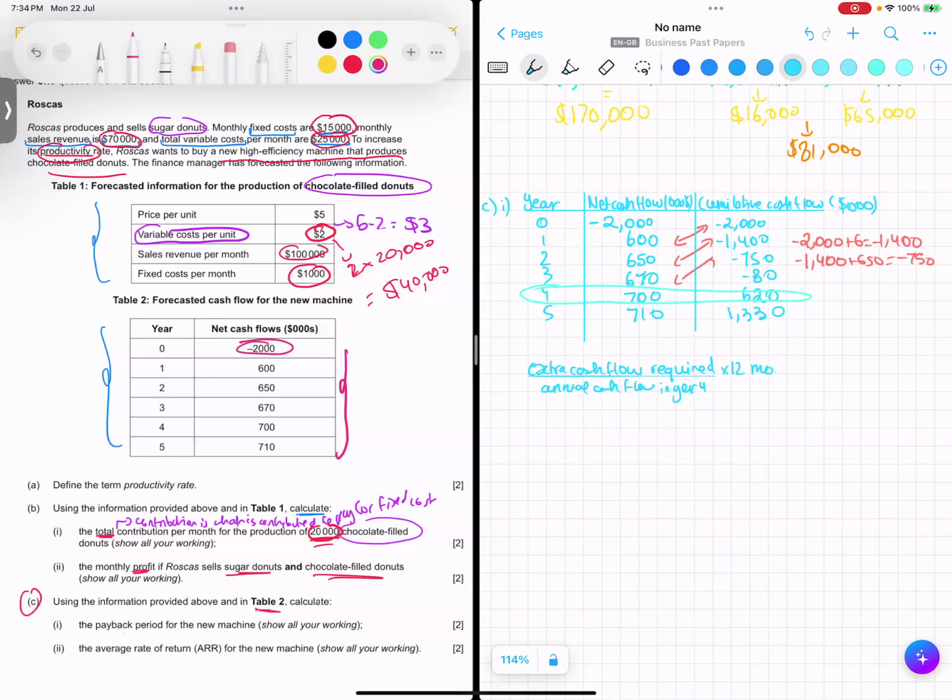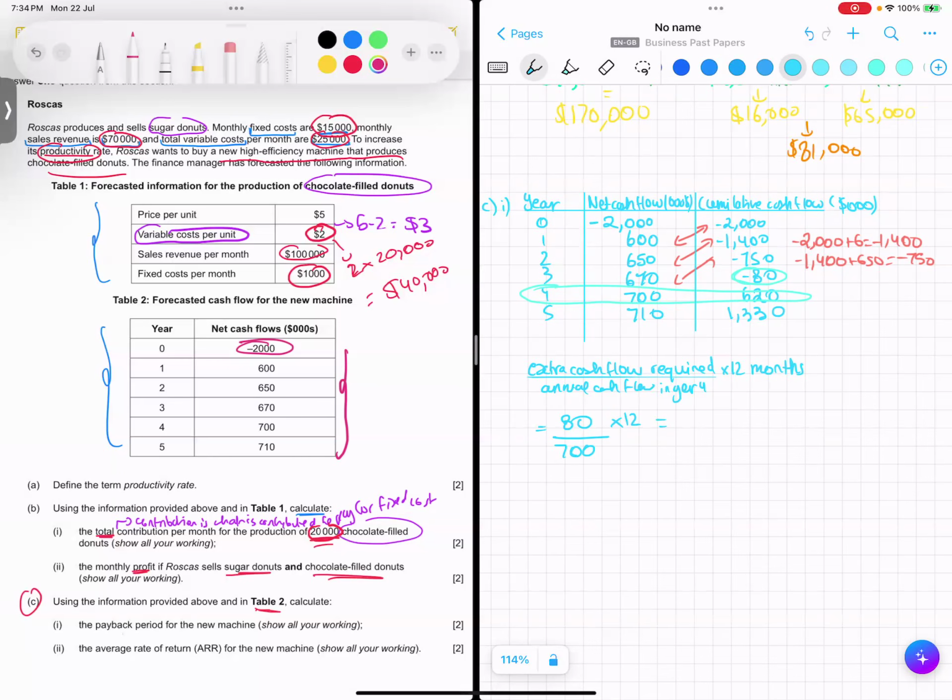And then here our answer will become 80, because 80 was required in the year before, right? So 80 divided by the cash flow in year 4, which is 700 times 12. So I'm just gonna make my calculations at this point.